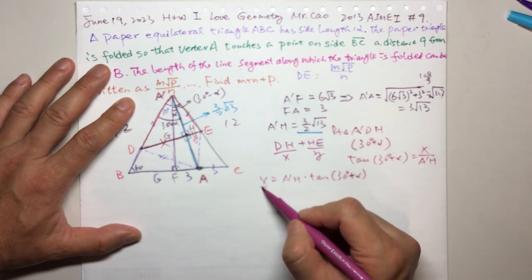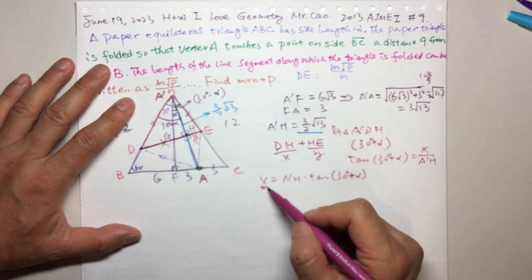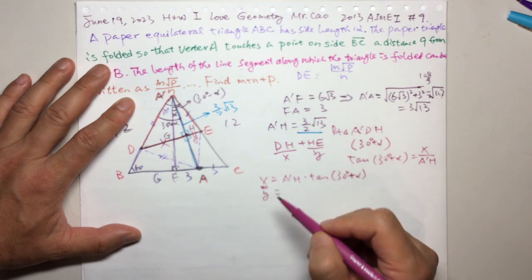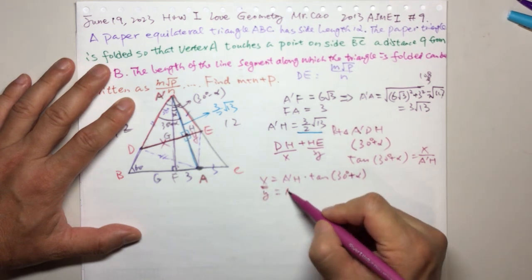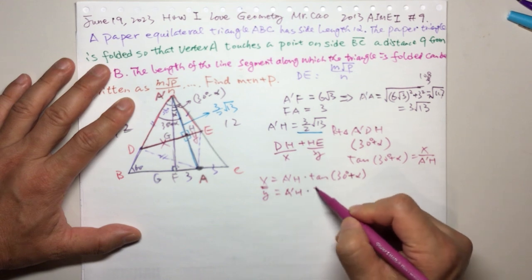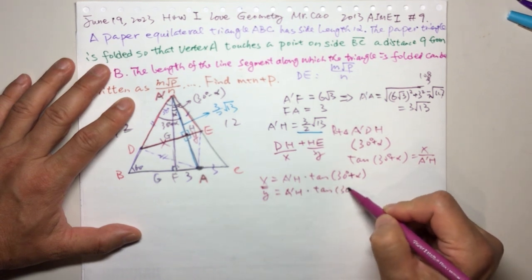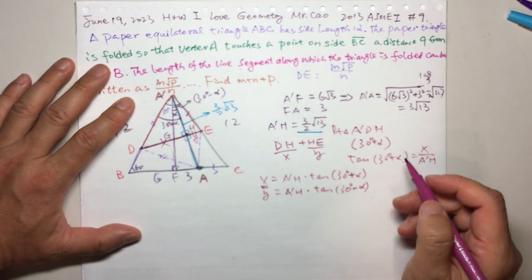The same way we can find Y, right? Y equals A prime H times tangent of 30 degrees minus alpha.